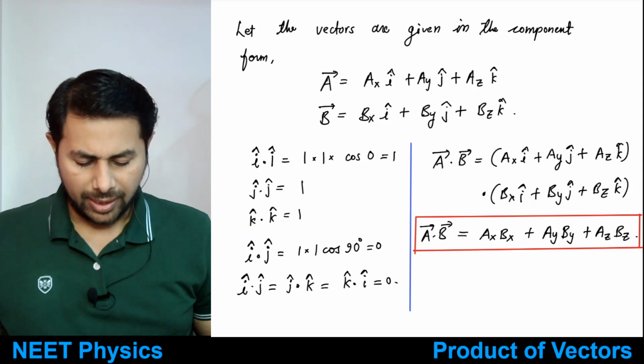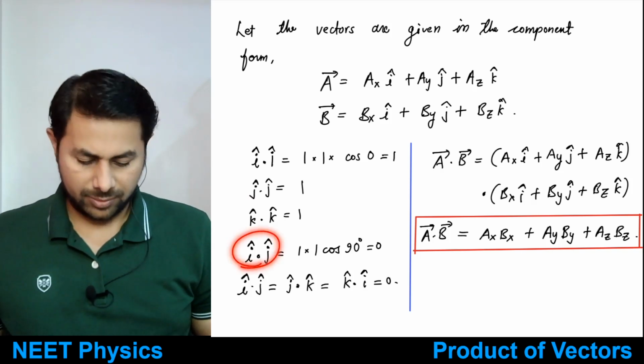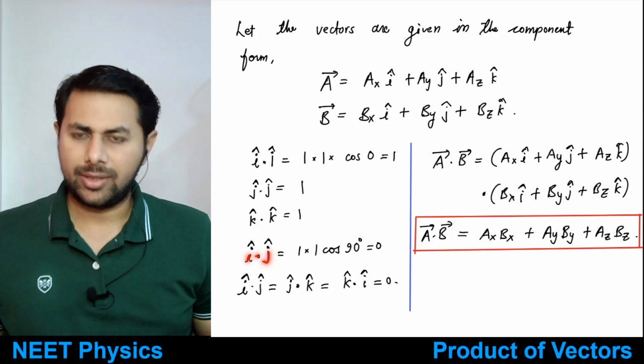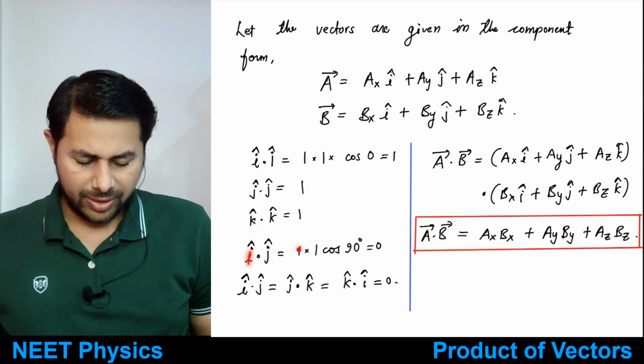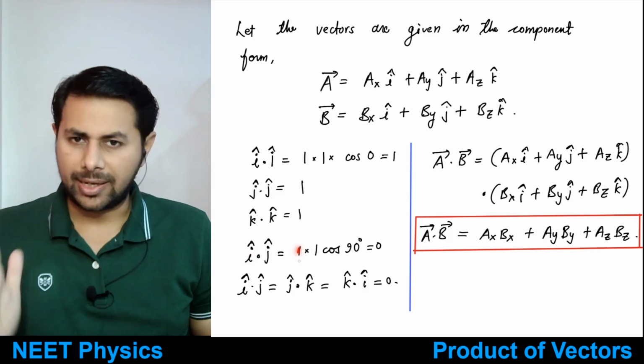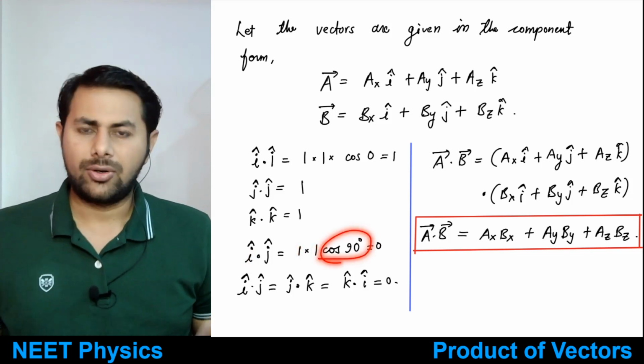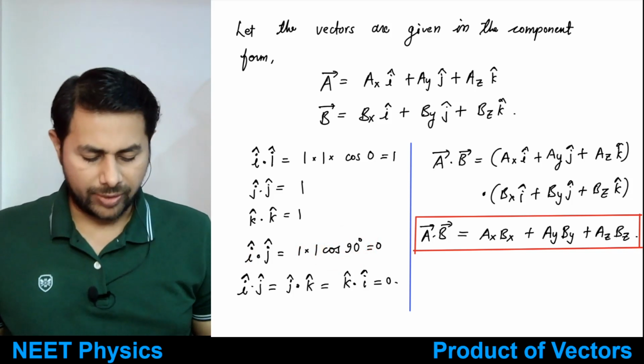And if you multiply I cap with J cap, what do you get? I cap dot J cap is equal to the magnitude of I cap, which is 1, times the magnitude of J cap, which is 1, and cos of the angle between them. So what's the angle between them?